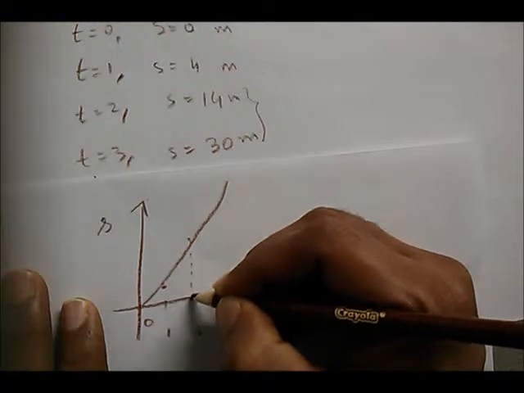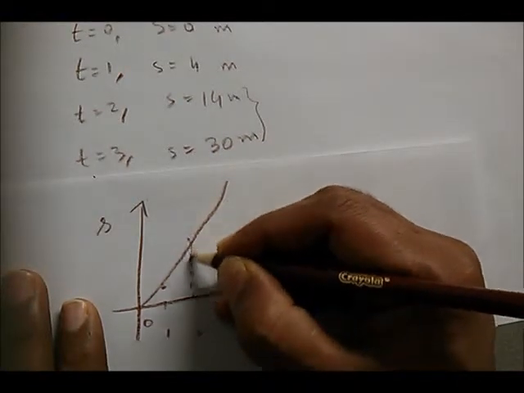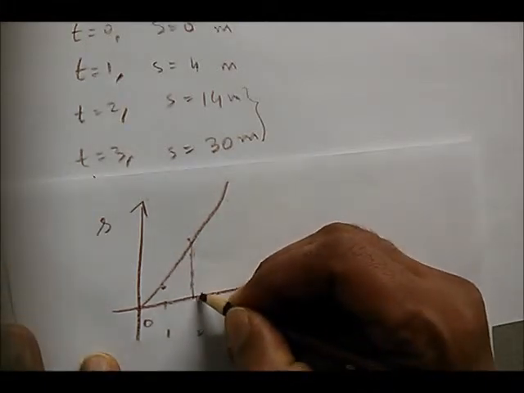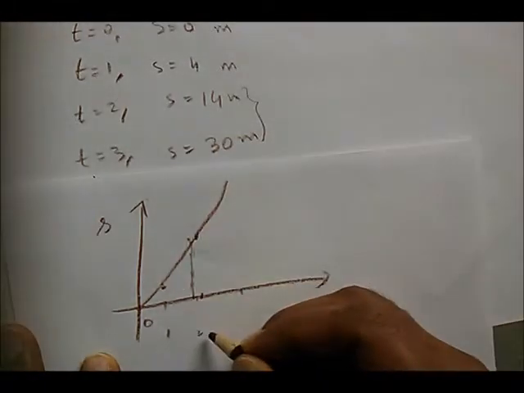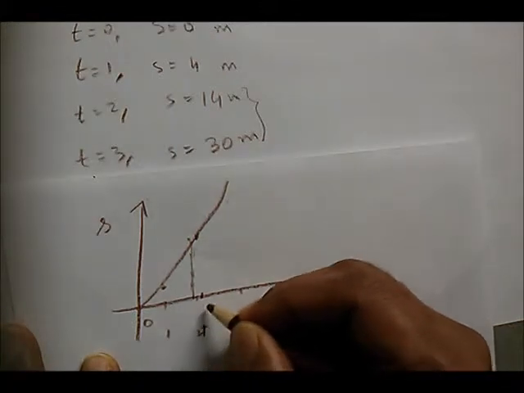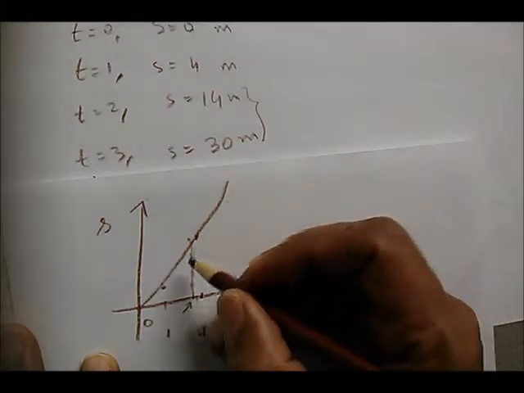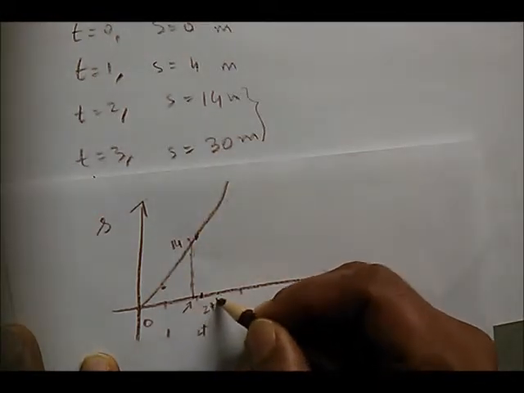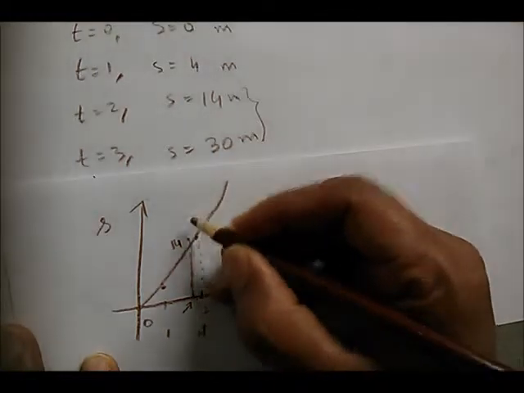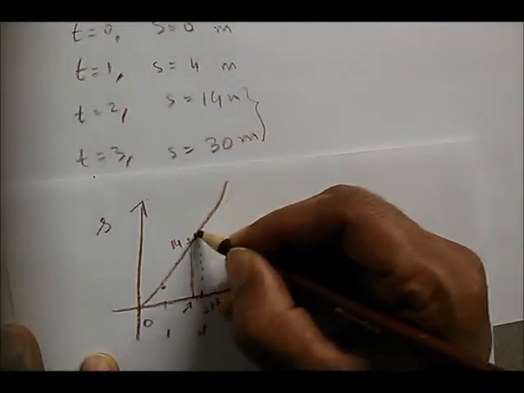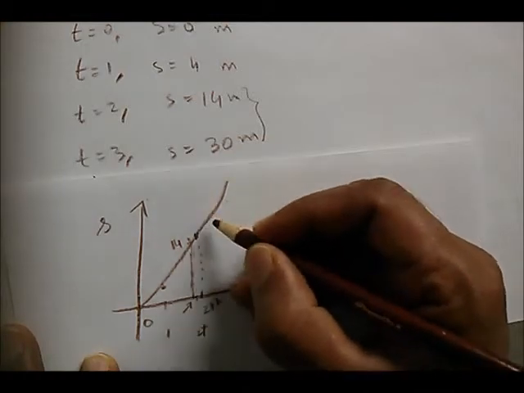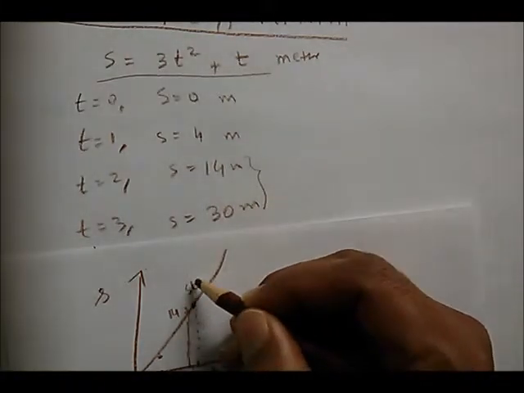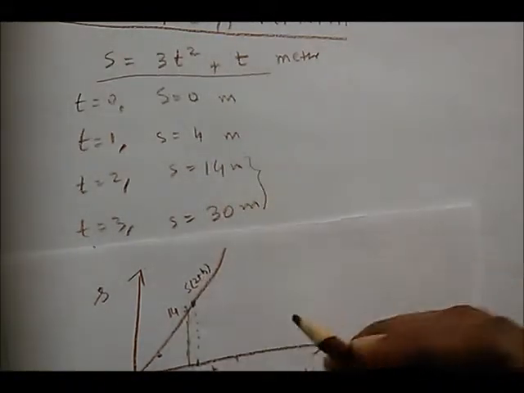So to find the velocity, or rather speed at t equal to 2, what we do is we take a point just next to 2, which we call 2 plus h. This is the point at t equal to 2, and the distance traveled is 14 meters. At the point 2 plus h, its distance traveled will be slightly higher than 14, which we can find by using this formula s at 2 plus h.